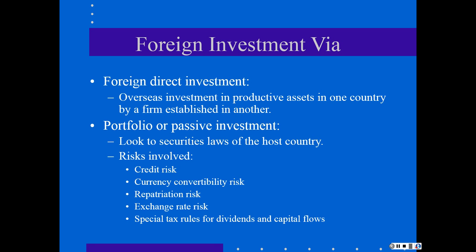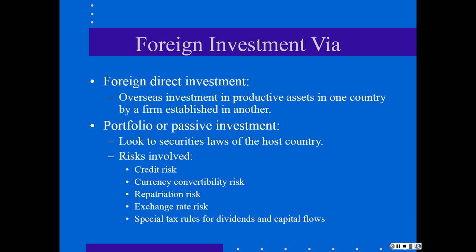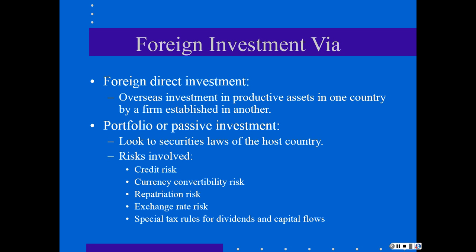The risk involved when you make portfolio or passive investments, for example, if you were investing in a Chinese venture that had a 22% rate of return, the risk that would be involved would be credit risk, the currency convertibility risk, meaning the inability to convert the earnings in foreign currency into U.S. dollars, a repatriation risk.